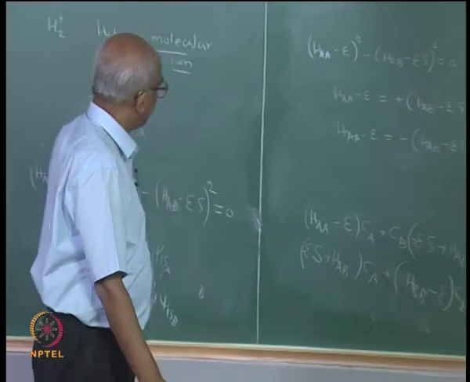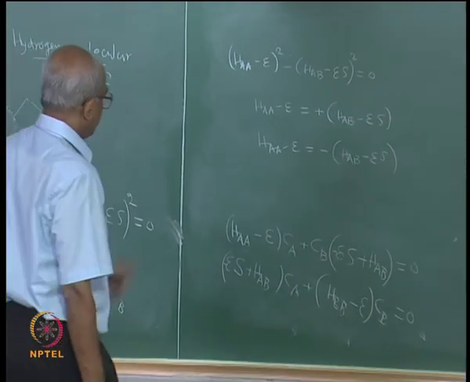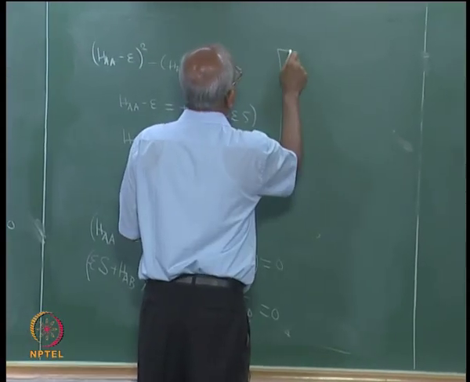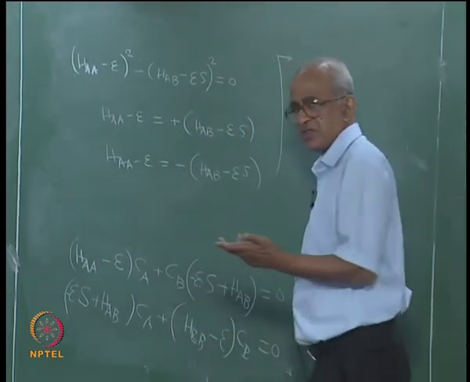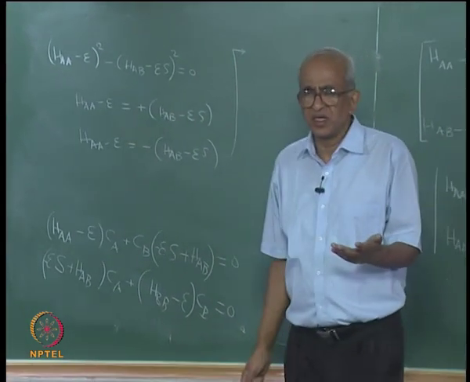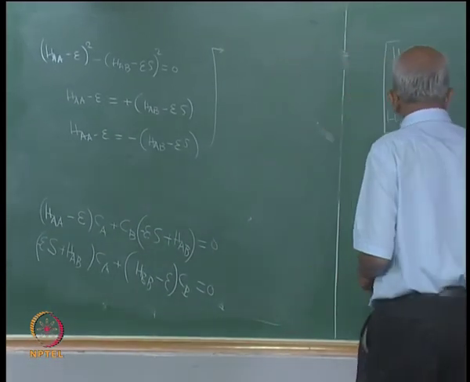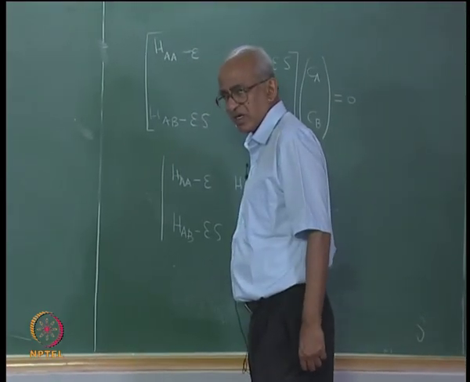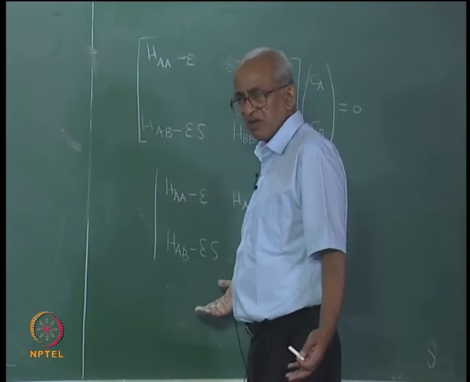So, imagine I am confining myself to the negative sign, this one. Then there are two solutions. Is it surprising that there are two solutions? No, it is not surprising, because this is a quadratic equation in script E. A quadratic equation, when you solve it, you naturally should get two solutions.